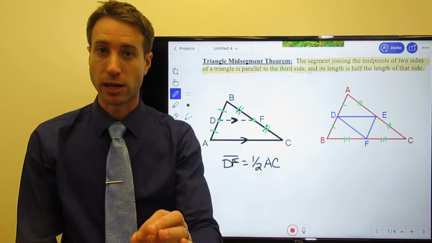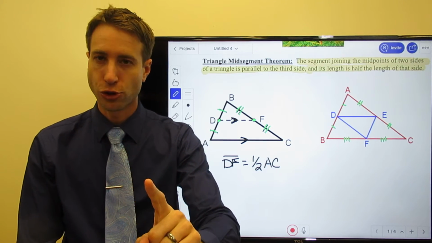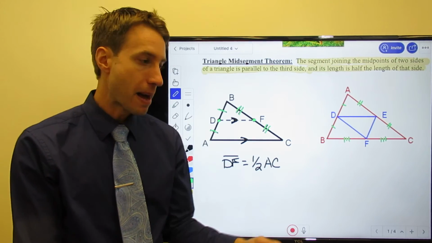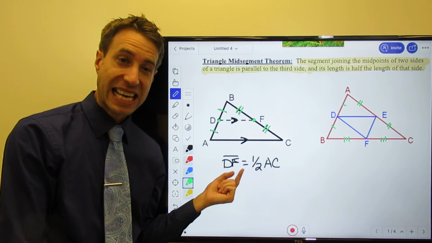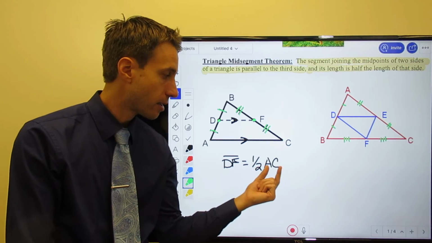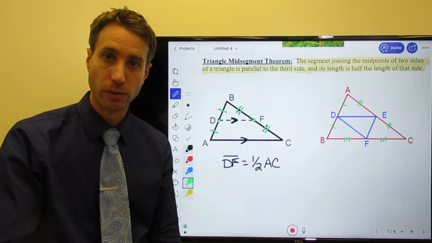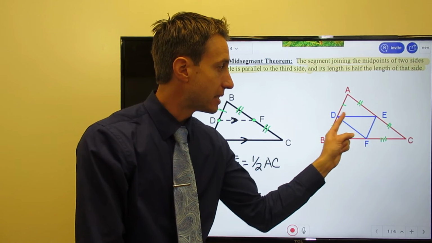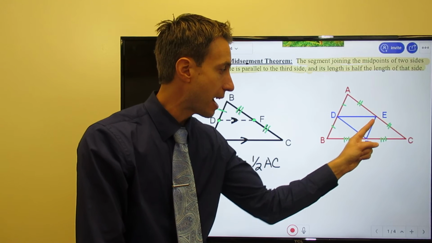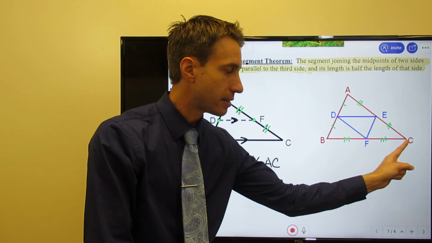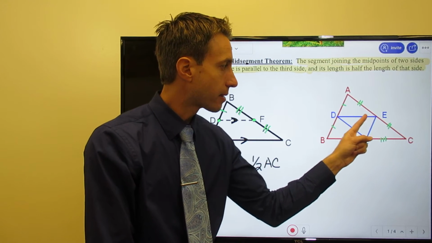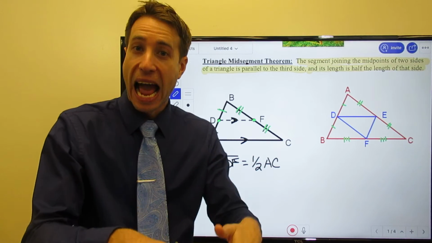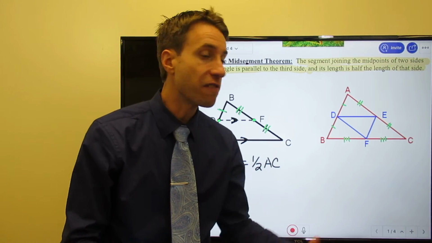Now, here's what's awesome. Watch this. Remember, the mid-segment is half the length of the side that it's parallel to. Okay, let's start with DE. So mid-segment DE is parallel to BC. What is the length of DE? It's half the length of BC.